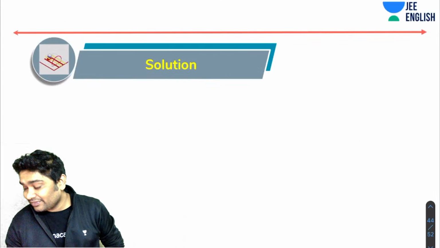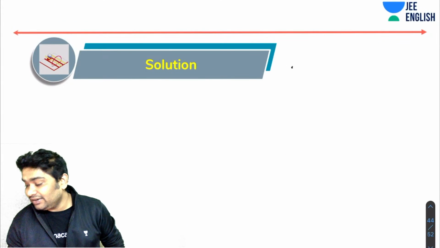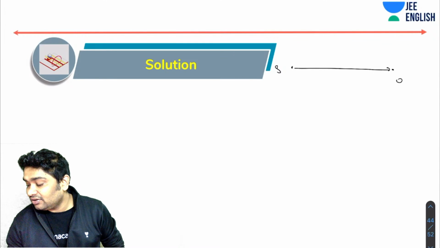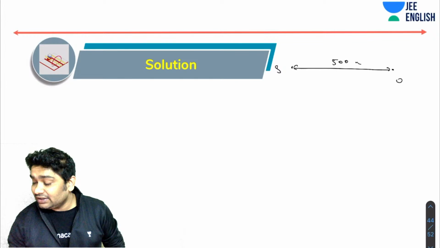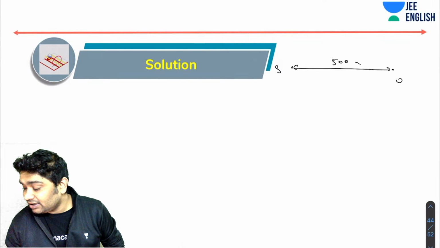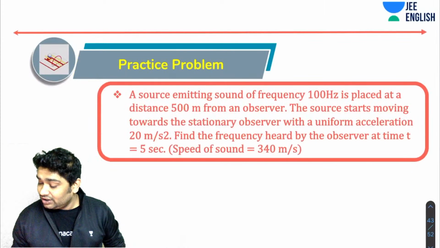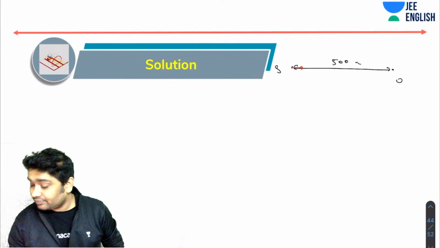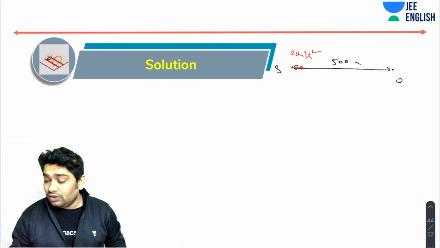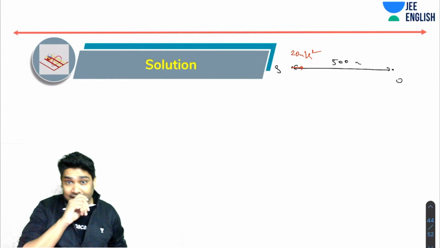So here you had your source, you had your observer. Initial distance between them was 500 meters. Now this guy starts accelerating with an acceleration of 20. The observer hears the frequency at t equals 5.